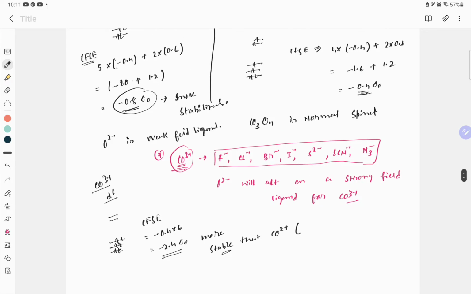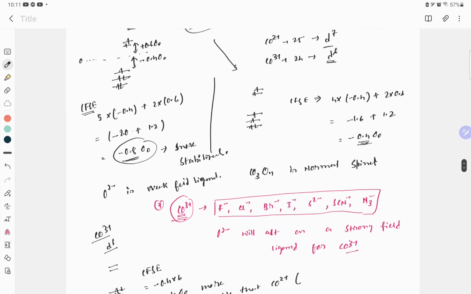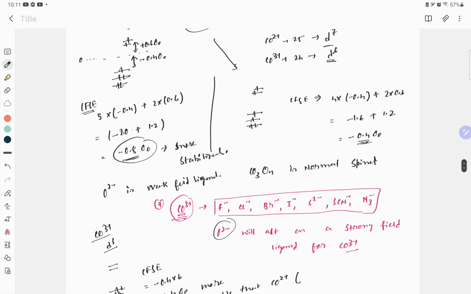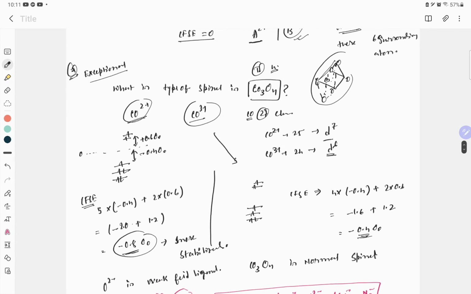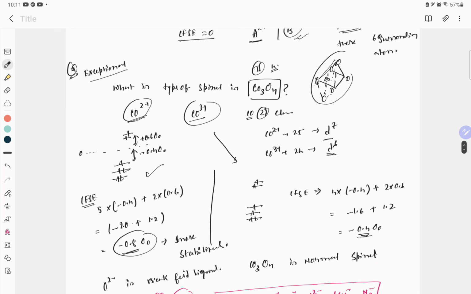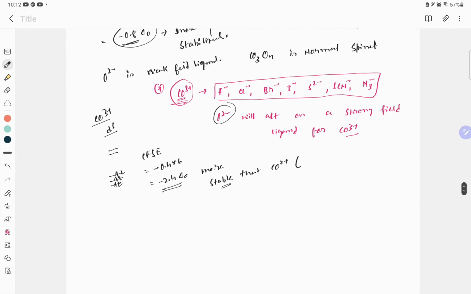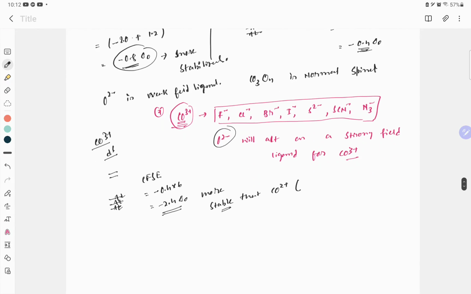But for Co2 plus, O2 minus will act as a weak field ligand. No change in this case, only the change is for Co3 plus. So that is minus 0.8. So this is more stabilized.